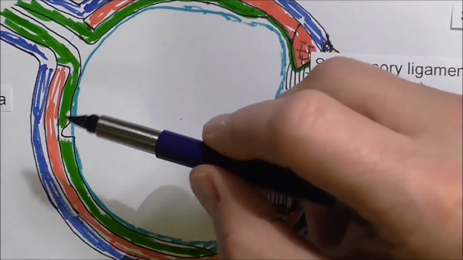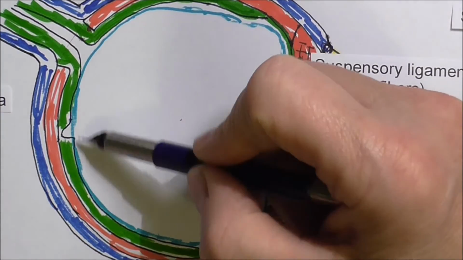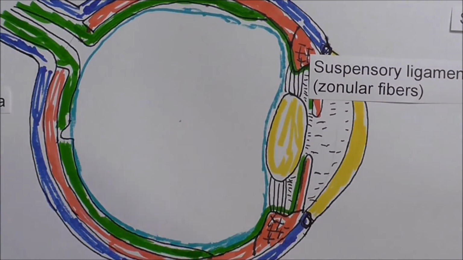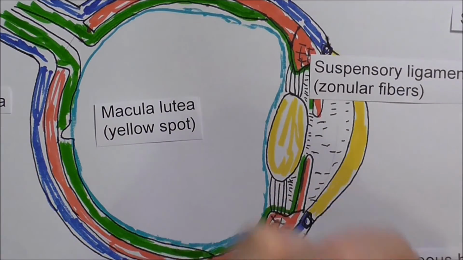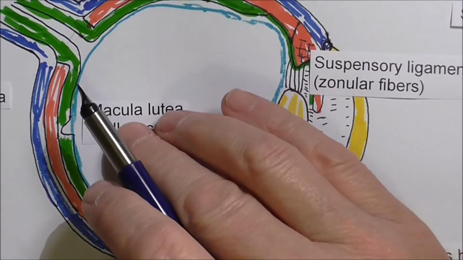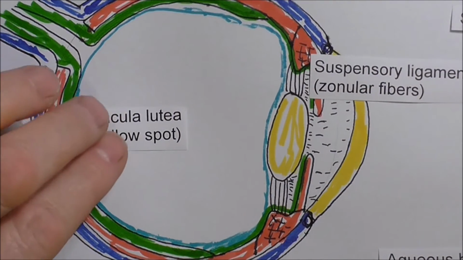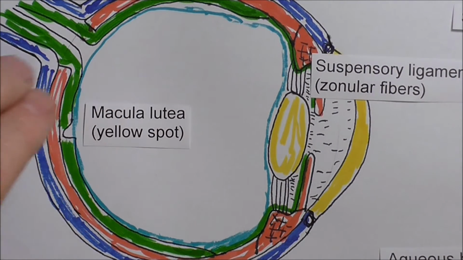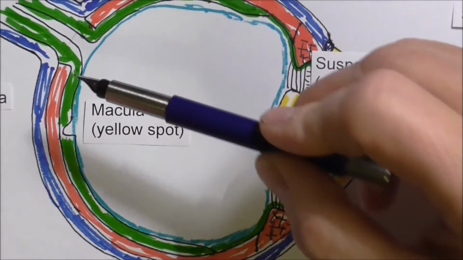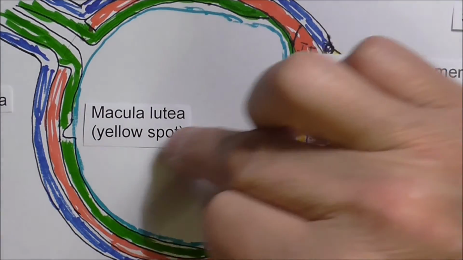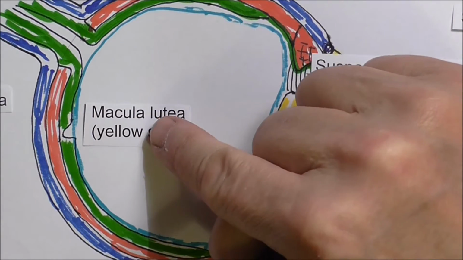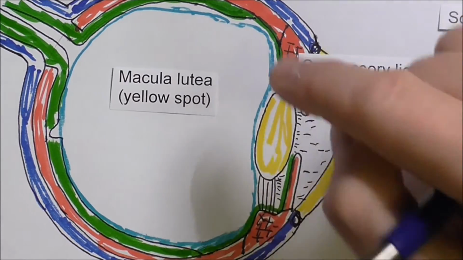Now, in this area here at the back of the eye, there's a high density of the photosensitive cells called the cones for colour vision, this area here. And in the very centre of this, it's called the yellow spot. It's not that yellow, it's just a tiny bit yellow really.